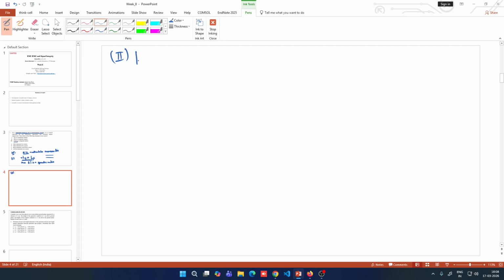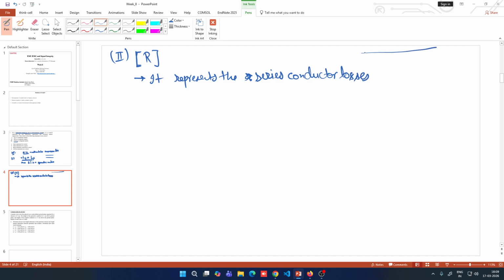Statement 2 says that we have to comment about the R matrix. It represents the series conductor losses, the losses coming out because of the conductors which are in series. Because in transmission line theory, and in EMI EMC also, we are dividing into per unit length resistances, small r1, r2, r3, and all these are in series.